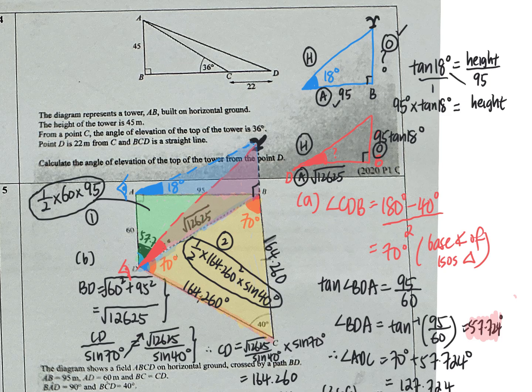So the red triangle is also a right angle triangle. So tangent of the angle X, let's call this angle X, is O over A. So to find the angle X, you do a tangent inverse. So this is the answer we want.